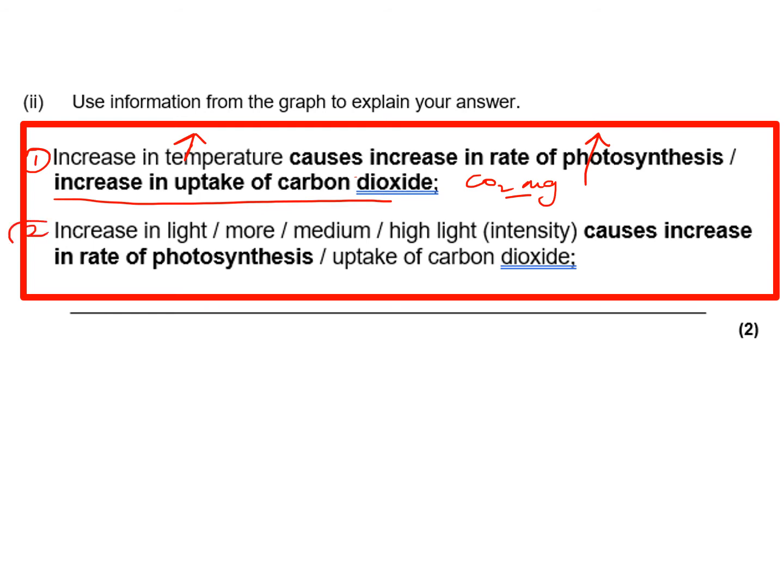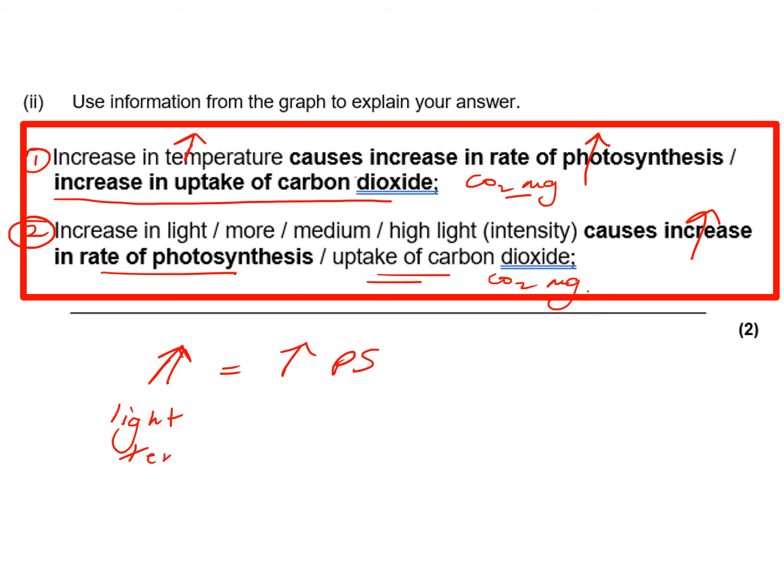Right, mark point number 2, an increase in light or more light, or going from low light to medium light to high light causes an increase in the rate of photosynthesis or the net uptake of carbon dioxide in milligrams. So increasing one factor increases the rate of photosynthesis, and those two factors were both light and separately temperature.